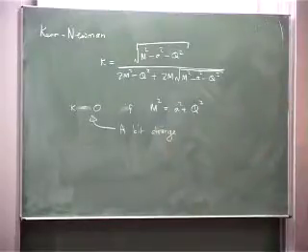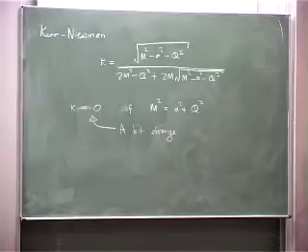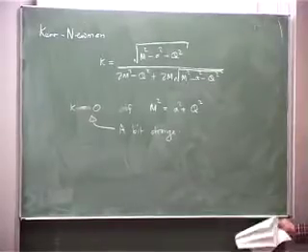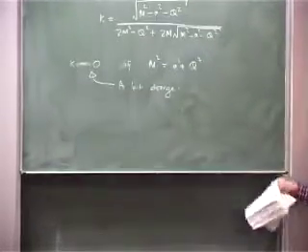The second thing that you will notice about this is that kappa does not depend on where you are on the horizon. It does not depend on the latitude theta.